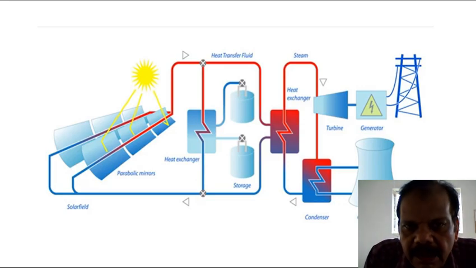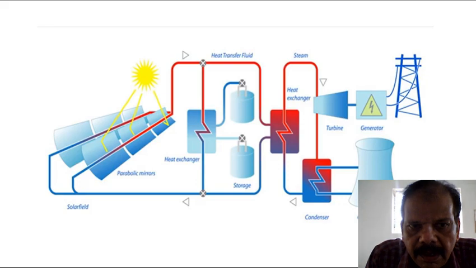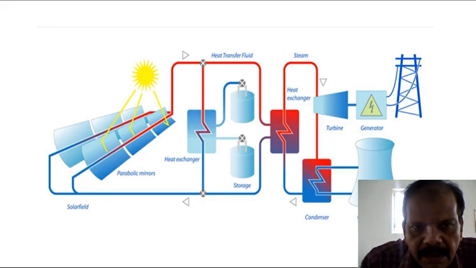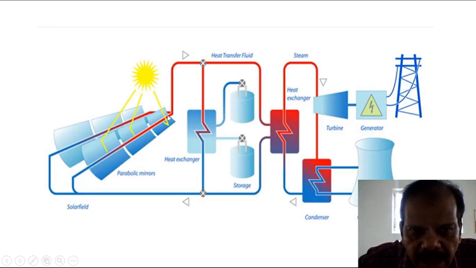This is the general layout we can see in the figure on this monitor. There are a lot of parabolic trough systems combined together, where the blue lines are the cold fluid entering, and the sun's rays are reflected onto this axis.